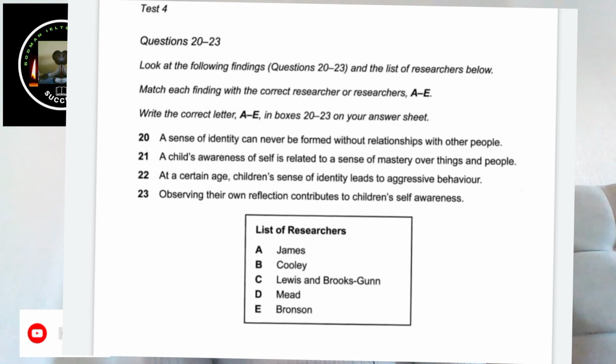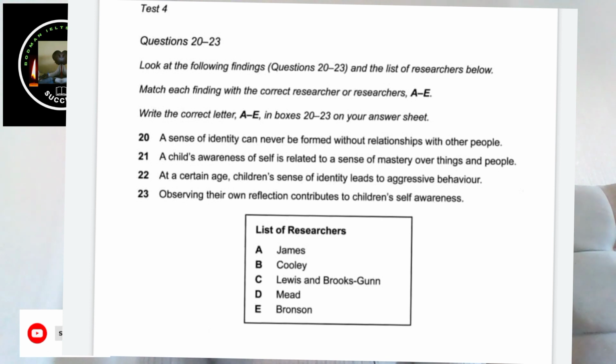And you talk about a child trying to affect the behavior of other people, to control toys, or his or her own limbs. So I think that should be the answer. But let us continue to read.